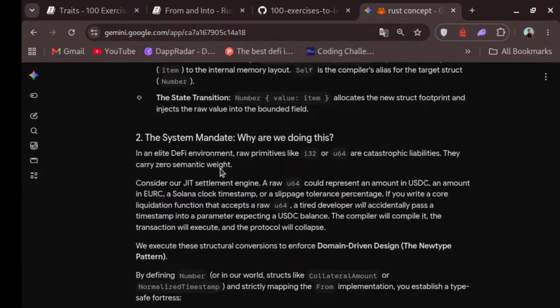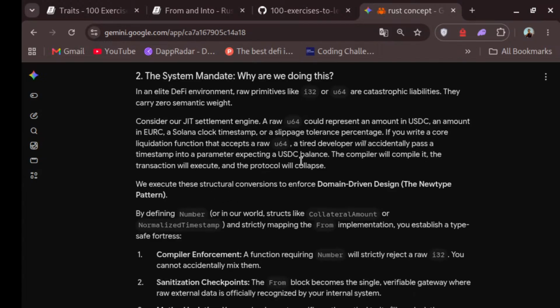Okay, there is no importance of semantics, right? Consider a raw u64 could represent an amount of USDC, an amount of EuroC, Solana clock time, and slippage tolerance percentage. Okay, it will compile and the transaction will execute, but the protocol will collapse.